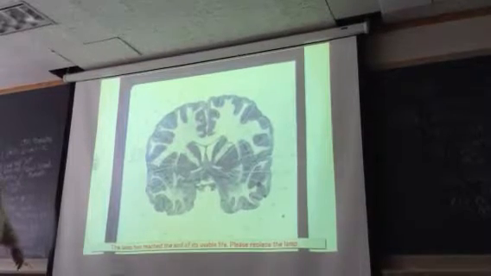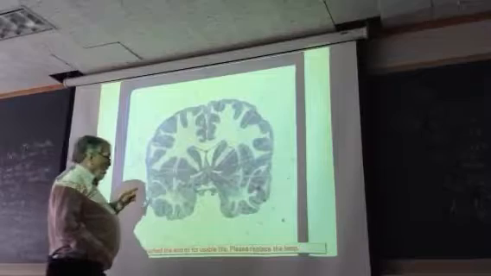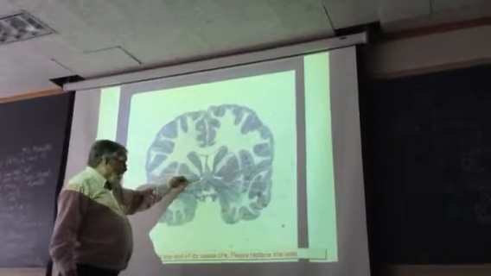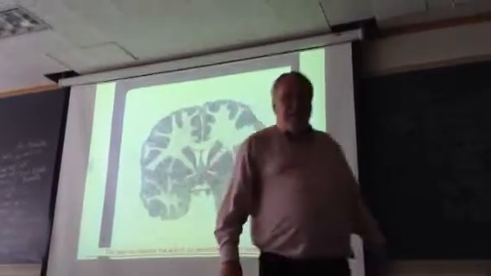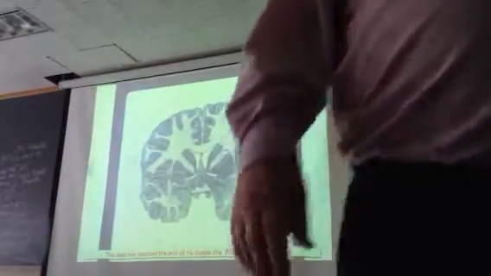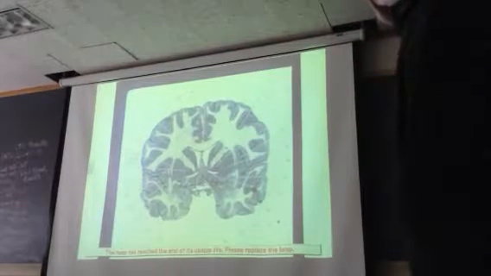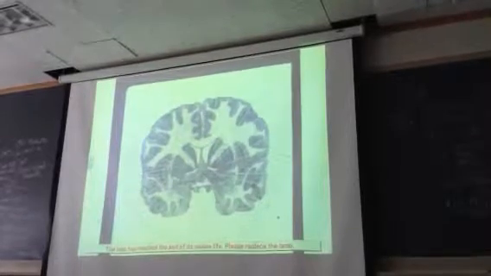Okay, we're back in the corner over there. Okay. So all of a sudden, this is a new fiber tract coming in. What fiber tract is that? The anterior commissure.